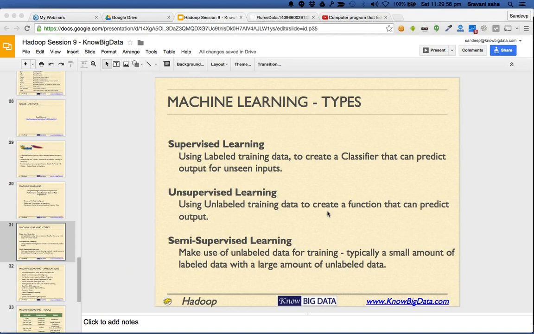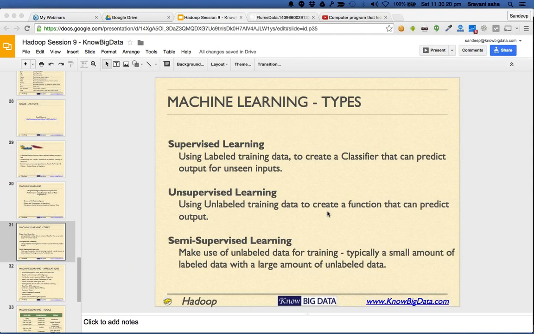Then there is something called unsupervised learning, where we are given a lot of data and we tell the computer to classify it, please. We don't tell it that this is my input, this is the right output, this is my input, this is another output. We do not provide the labels.